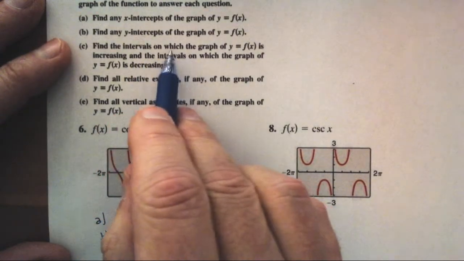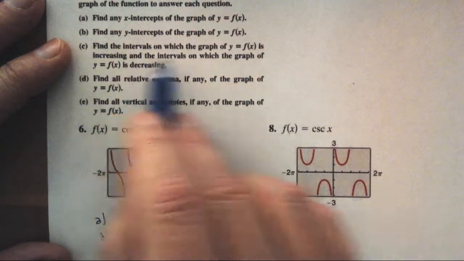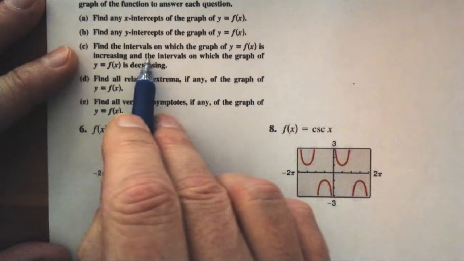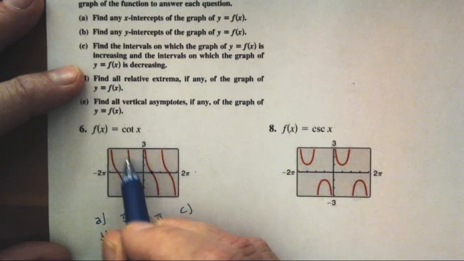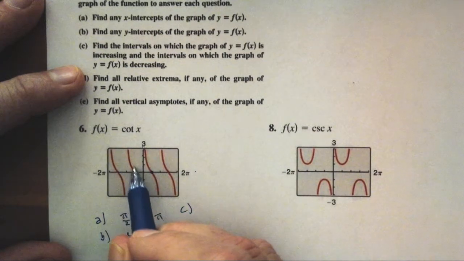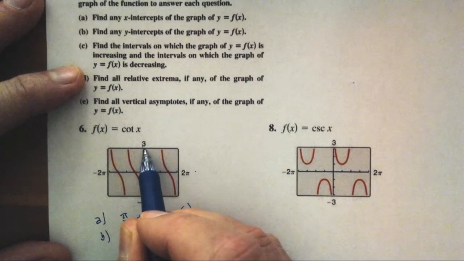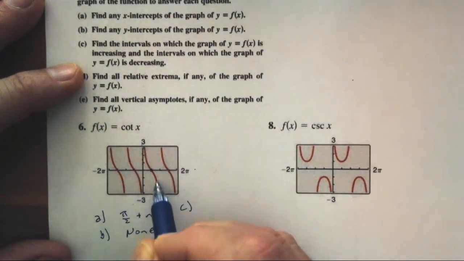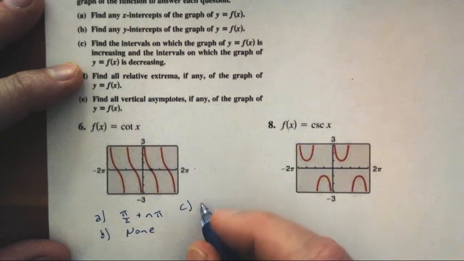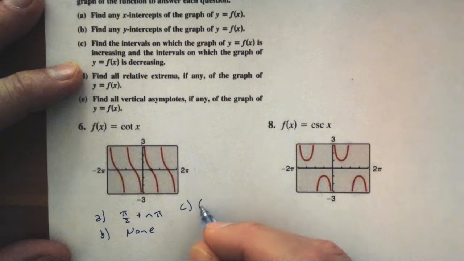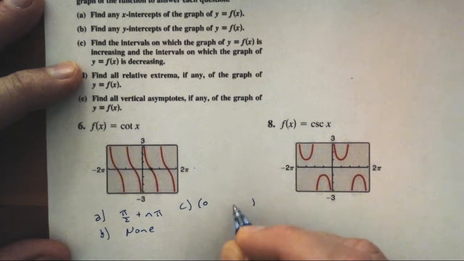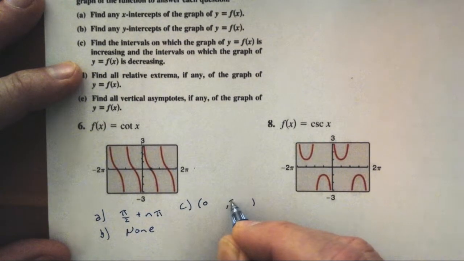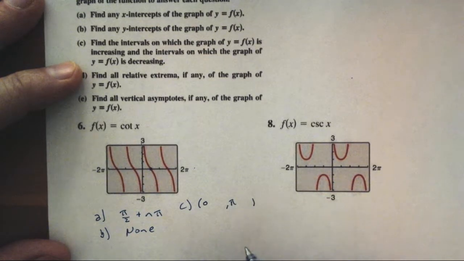C, find the intervals on the graph on which f of x is increasing and the intervals where it's decreasing. Well, this graph is only decreasing, but it's not always decreasing because it jumps from here up to here over the asymptote. So I'm going to talk about this interval right here. It's decreasing from 0, not including 0, until we get to pi, not including pi.